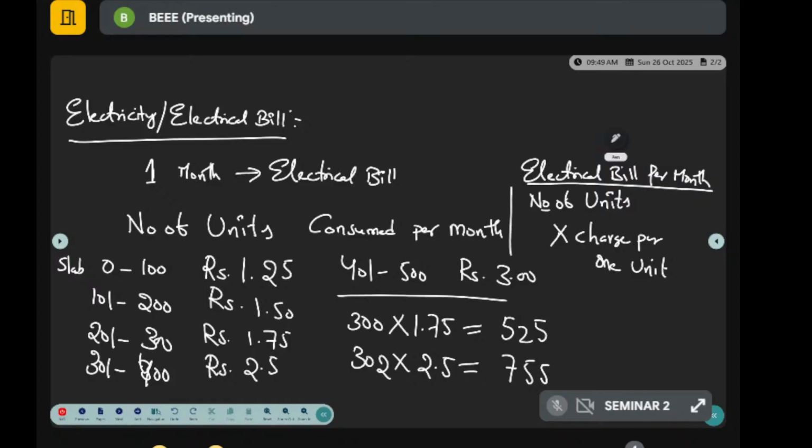Number of units into charge per 1 unit. This is the formula; they will ask for 1 mark or 2 marks. Number of units into charge per 1 unit is nothing but your electrical bill. So this is just a brief introduction.